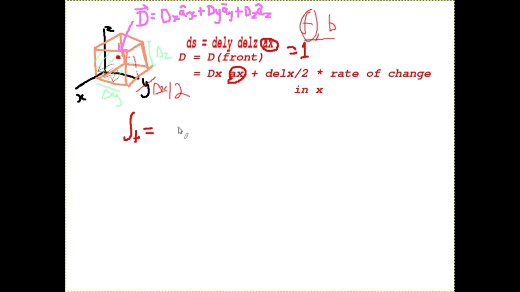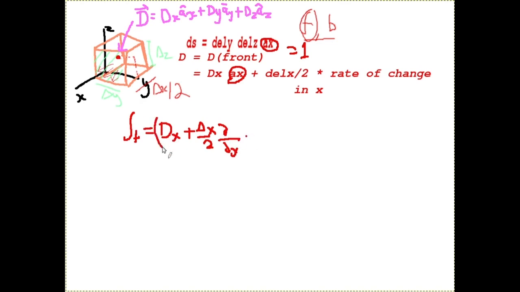So now we end up with a scalar quantity, all towards the positive x-axis. I can write it as D_x plus delta x by 2 into the partial differentiation with respect to x.